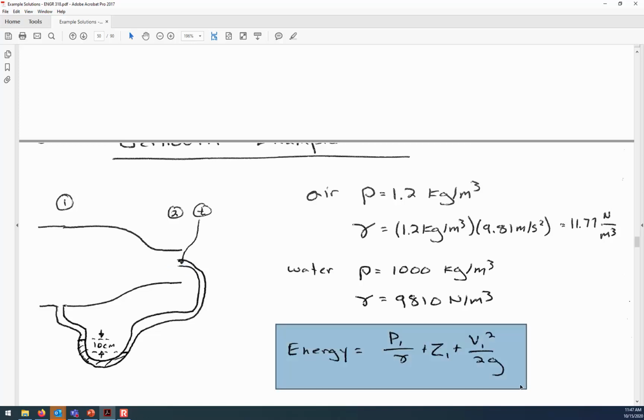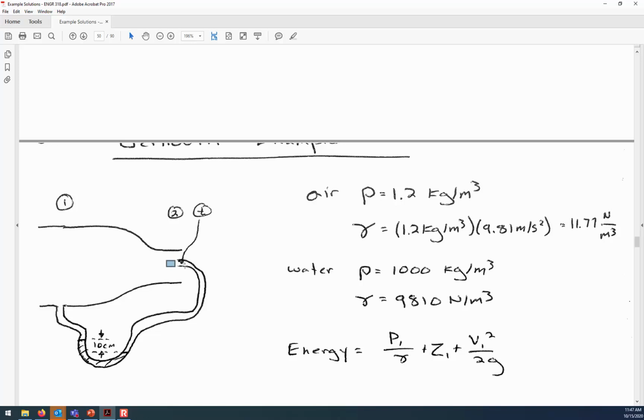It's just changing forms. So at location 1, the velocity is slow, so if the velocity is slow here, the pressure will be relatively high. And then at location 2, the velocity increases and the pressure is relatively lower.